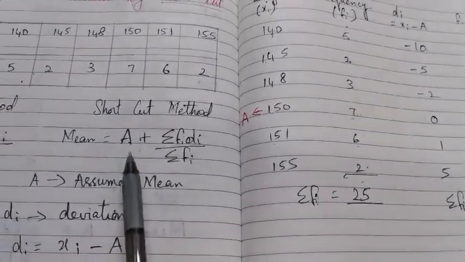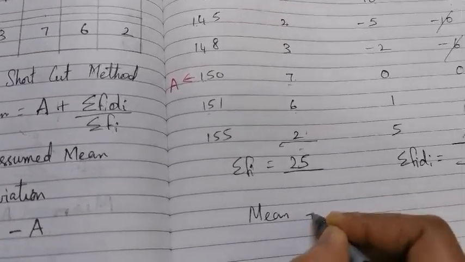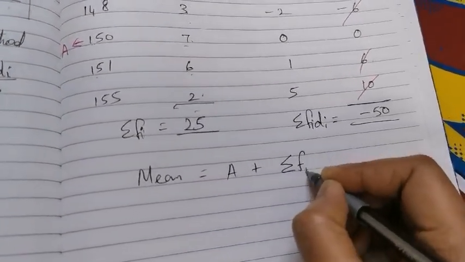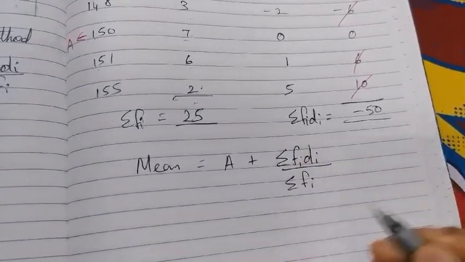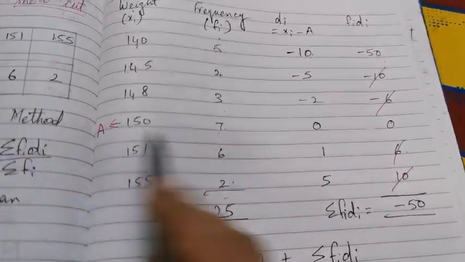Now I will substitute all these values in my formula. My mean is my assumed mean plus summation fi di by summation fi. Now what is my assumed mean? 150.